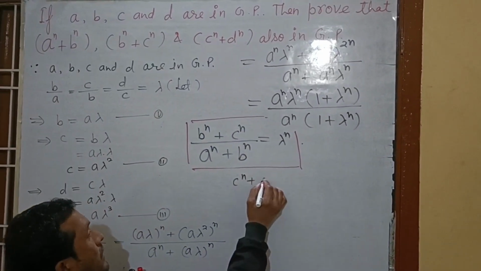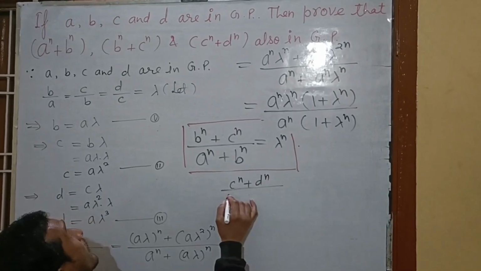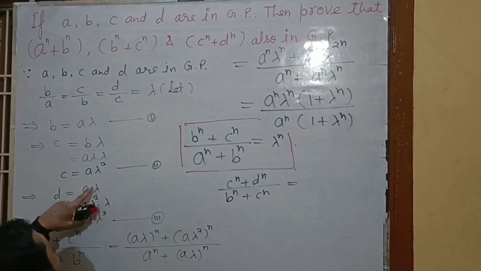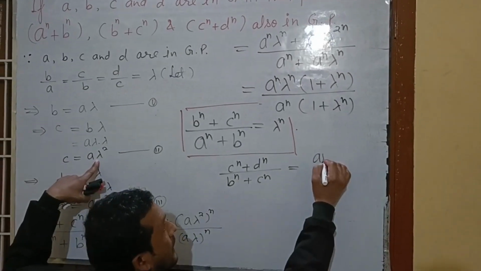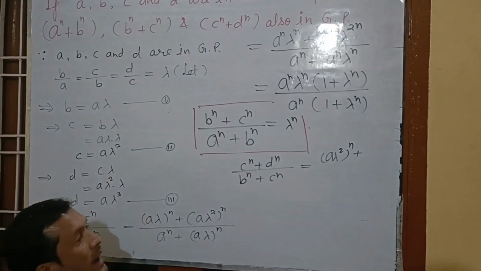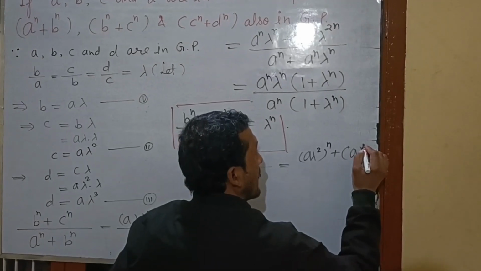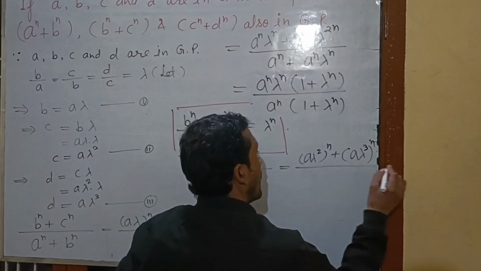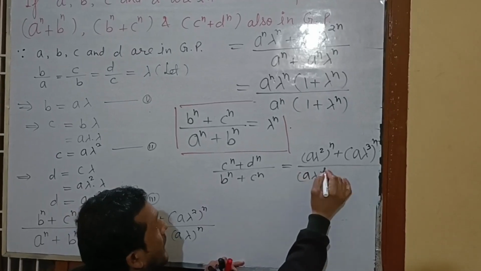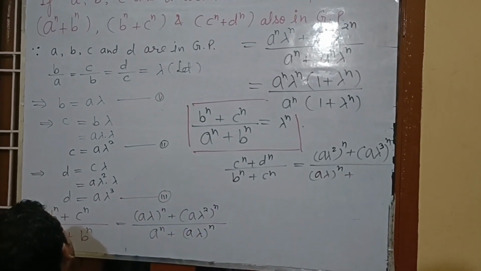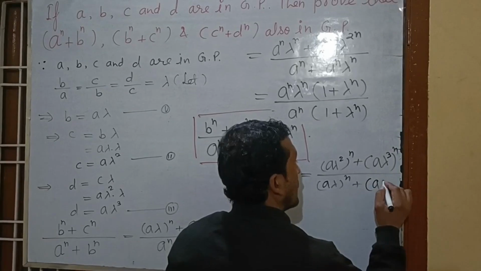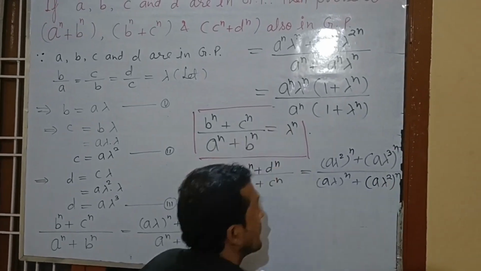C to the power n plus D to the power n upon B to the power n plus C to the power n equals the value of C, A lambda square, its power n, plus the value of D, A lambda cube, its power n, upon B means A lambda, its power n, plus C means A lambda square, its power n.